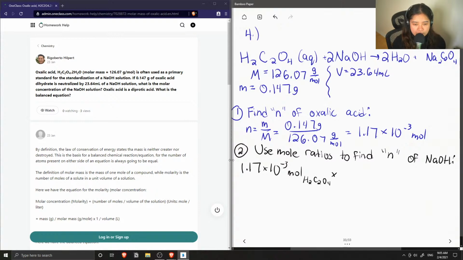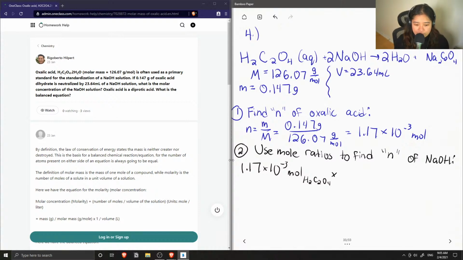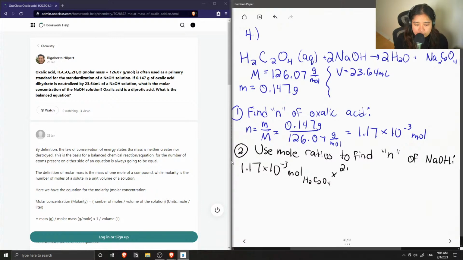And to find the number of moles of sodium hydroxide, we need to multiply by the molar ratios. So we can find this by looking at our balanced equation, and we can see that 2 moles of sodium hydroxide are needed to react with 1 mole of the oxalic acid.